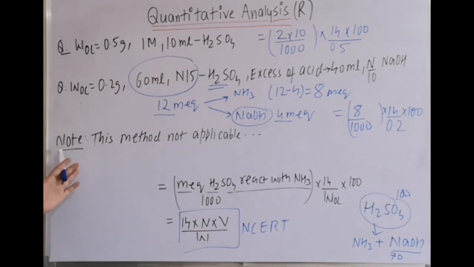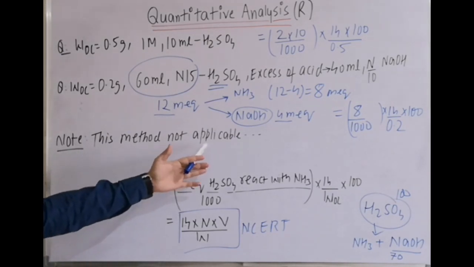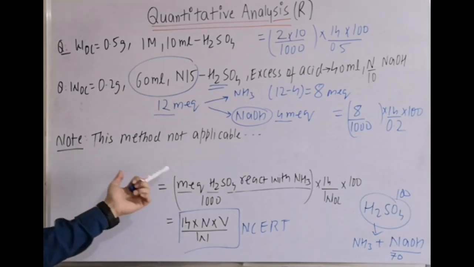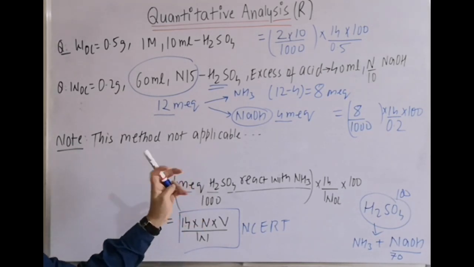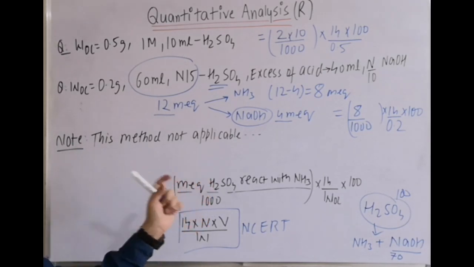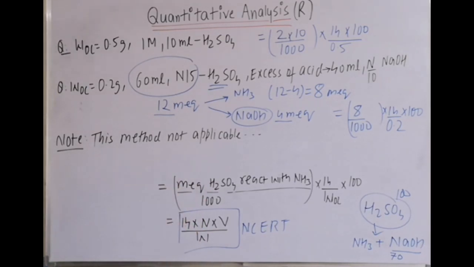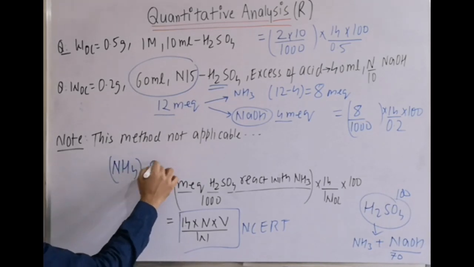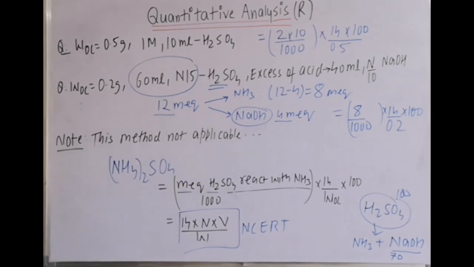Then, note that this method cannot be applied to compounds which contain nitrogen in a nitro group, azo group, or in ring structures like pyridine, because that nitrogen cannot be converted to ammonium sulfate, right? And if it is not converted to ammonium sulfate, we are not going to get ammonia for further reaction with H2SO4.